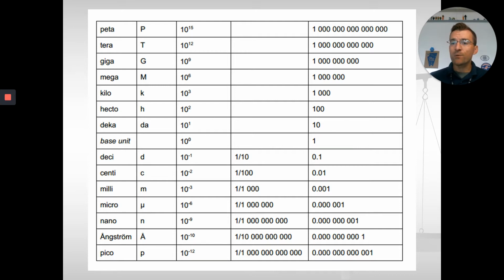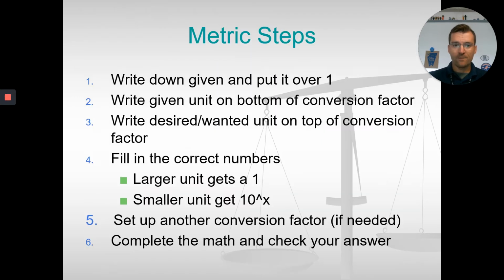Or if we're talking something really small, like the size of an atom, we might do something like picometers or nanometers, where that prefix pico and nano with their negative exponent are, again, 1 billionth for nano or 1 trillionth for pico of something. So you definitely want to make sure you know these and have this chart handy.